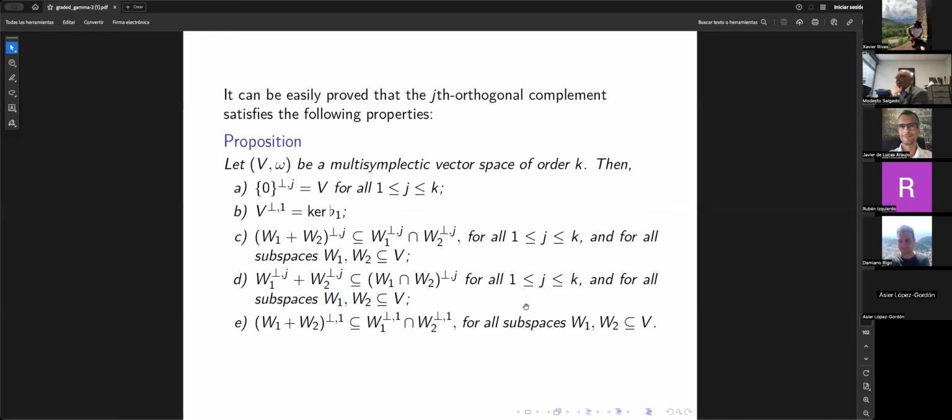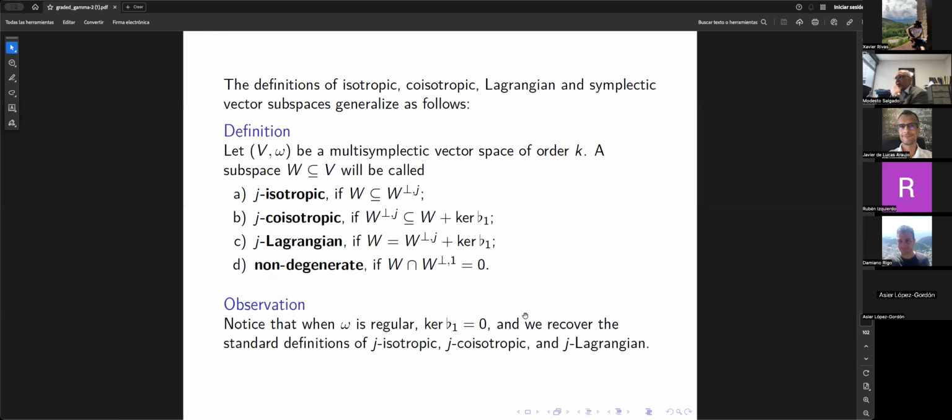This is the usual thing in symplectic algebra and symplectic vector spaces. We also can define the same notions as in the symplectic case, a subspace called isotropic or Lagrangian, but depending on the degree of the complement.